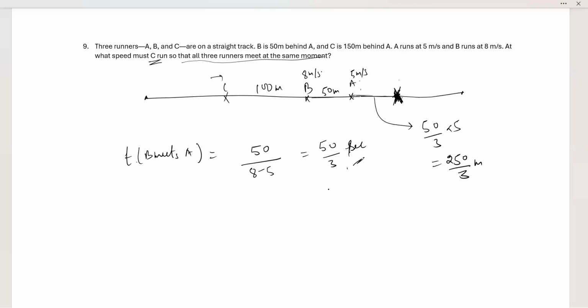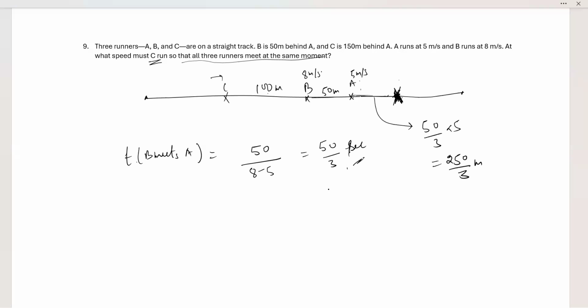Now for all three of them to meet at this point, C has to cover 100 plus 150 and this distance. And in how much time?